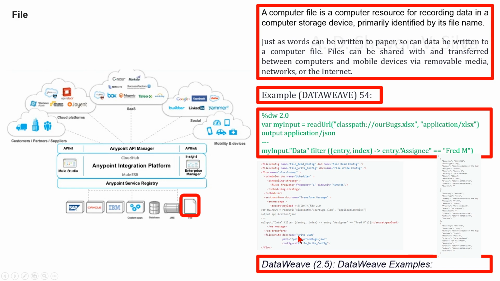The Write operation, the file Write from the File connector, receives the JSON payload from the Transform and writes it to the file called fredbugs.json.